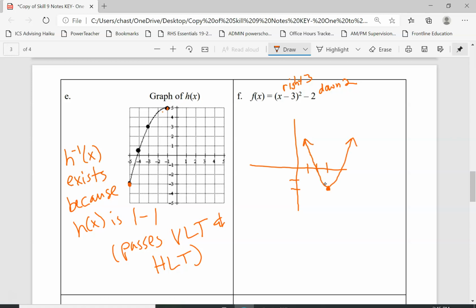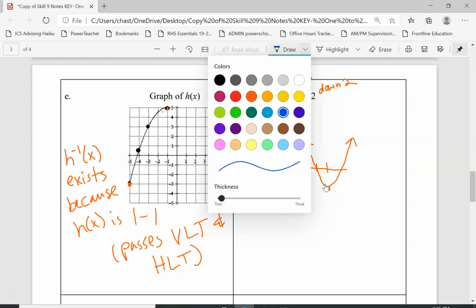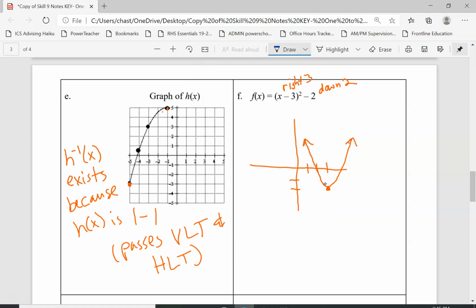And looking at the graph of a quadratic, we can easily see that it fails the horizontal line test. So it's not 1 to 1. And we would say f inverse of x does not exist. Okay.